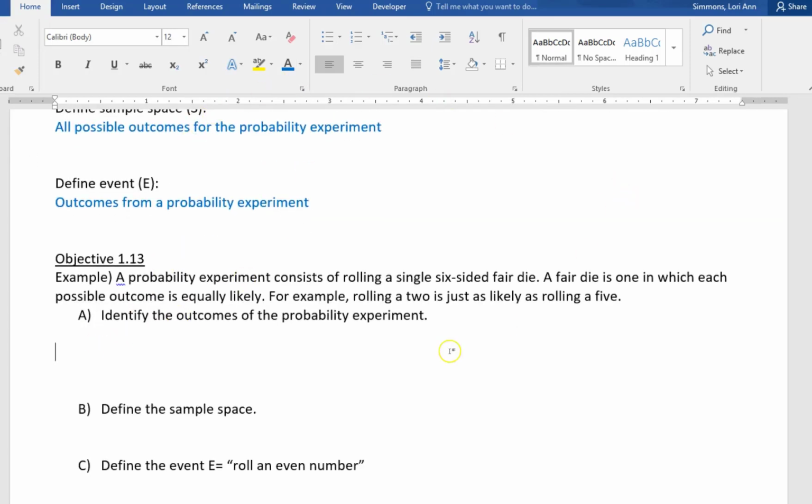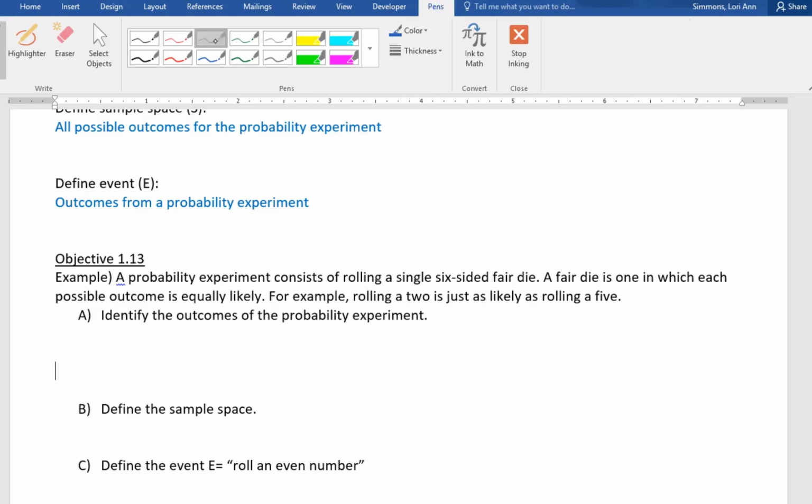So let's look at an example. A probability experiment consists of rolling a single 6-sided fair die. A fair die is one in which each possible outcome is equally likely. For example, rolling a 2 is just as likely as rolling a 5. Part A. Identify the outcomes of the probability experiment.